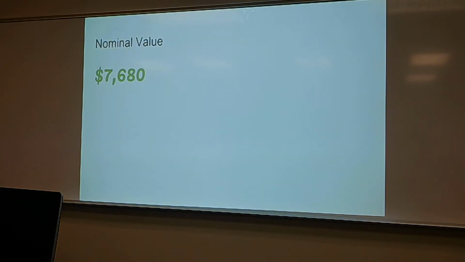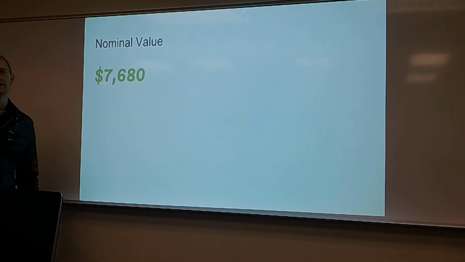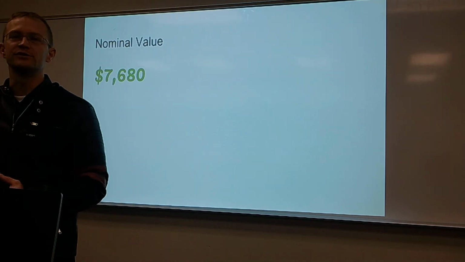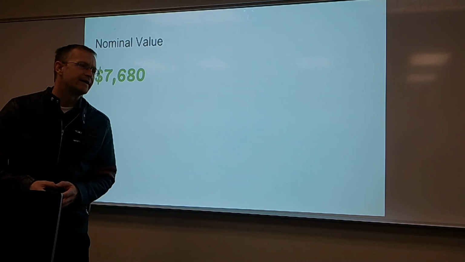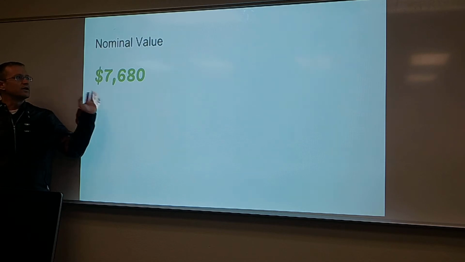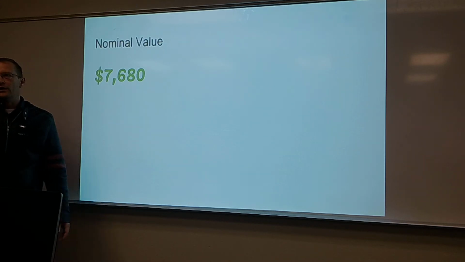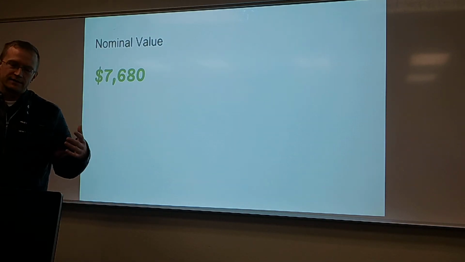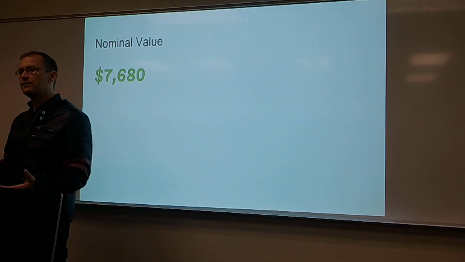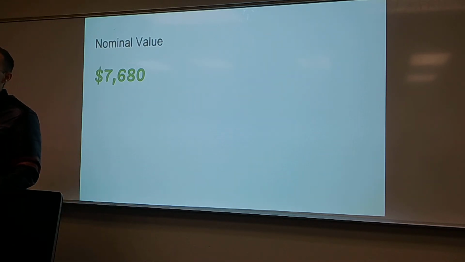I put a price tag on the nominal value of this class, at $7,680 is the minimum amount of value that you should be able to extract from this class. And I put a number to it because I want you to see in quantitative terms that, as I mentioned before, the data without a story or a theory behind it is all just trivia, right?